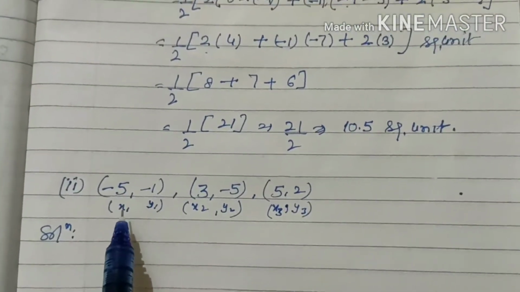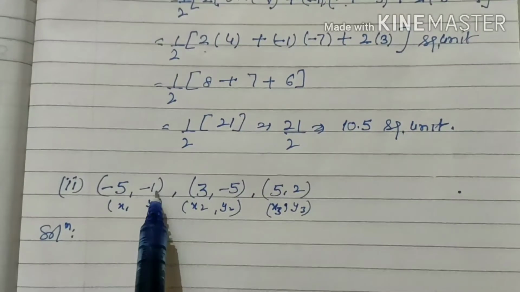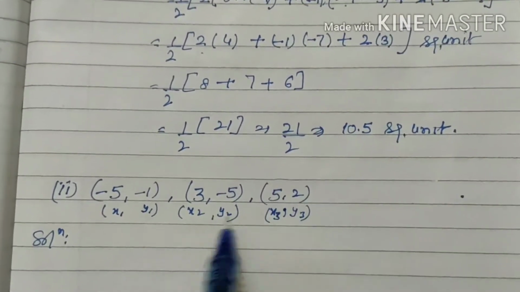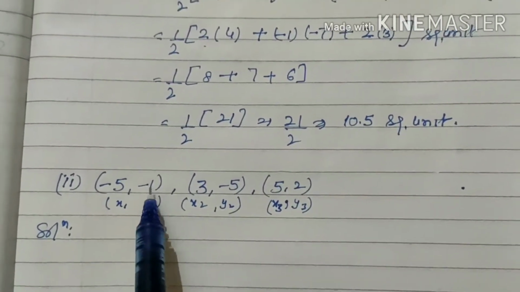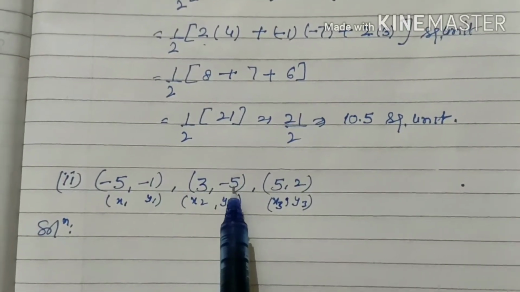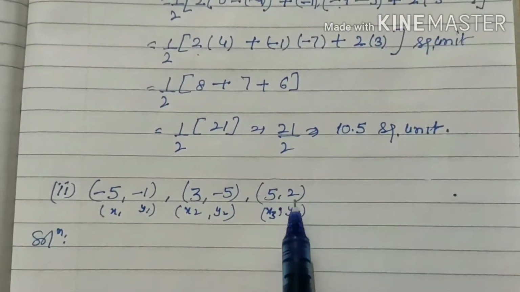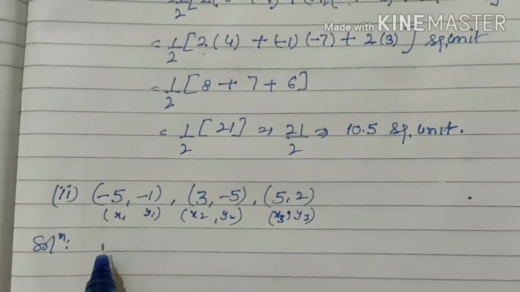In the next part we are given coordinates as (-5, -1), (3, -5), (5, 2). So here x1 is minus 5, y1 is minus 1, x2 is 3, y2 is minus 5, x3 is 5 and y3 is 2. Now we find the area of the triangle by another method, the alternate method.